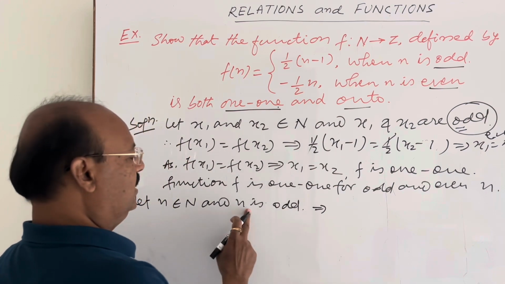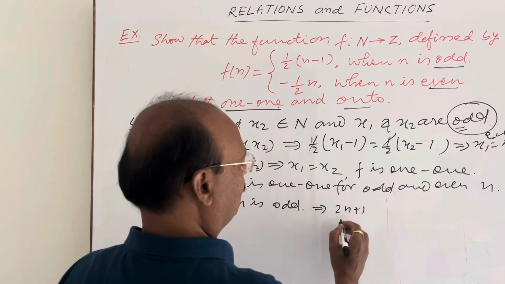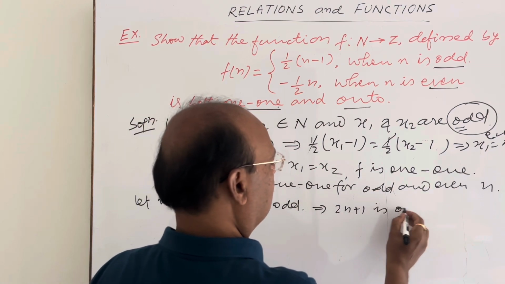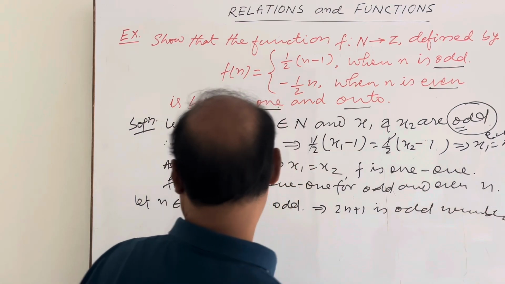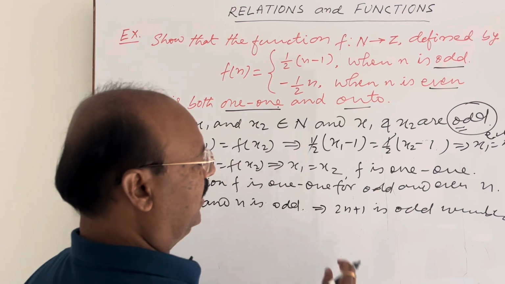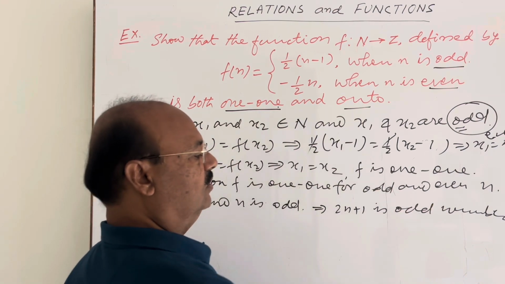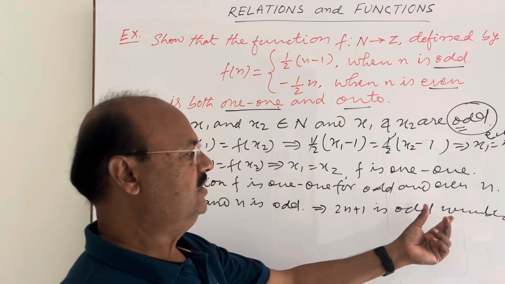So if n is odd, this implies that 2n plus 1 is also odd, because 2n is always even and even plus 1 is odd.